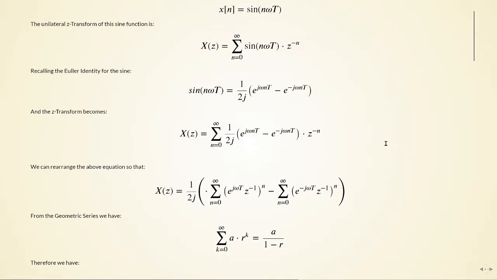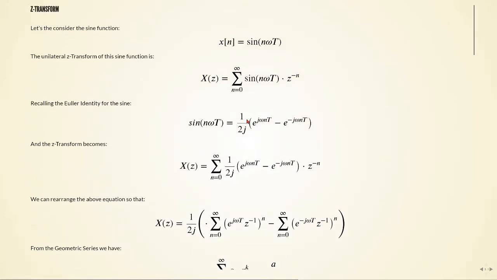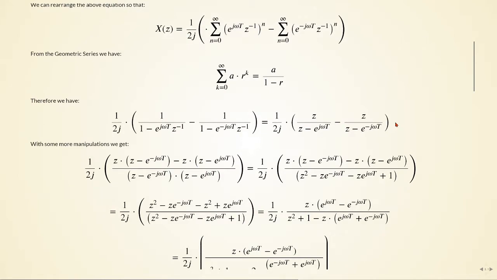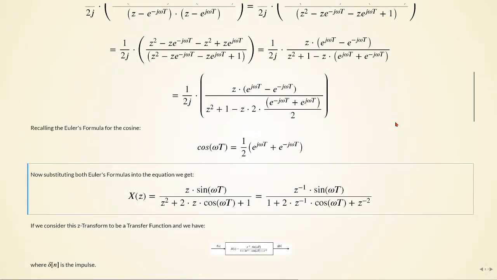So if we recall the Euler formula, we have it here, and the sine appears. And also, if we take this part here and divide and multiply by 2, we can have a cosine here as well.